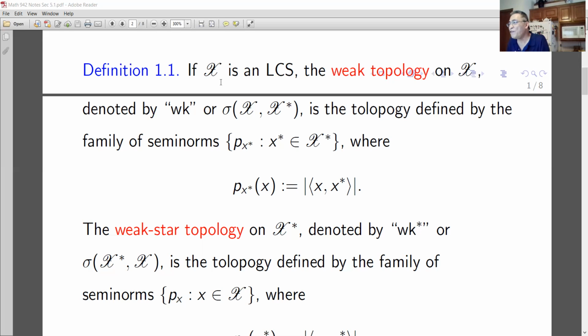If X is infinite dimensional, then each basic neighborhood of a point contains an affine subspace, so the basic neighborhood is unbounded.